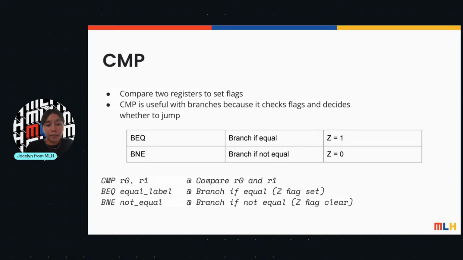And if it is not equal, so BNE, then I'm going to be moving to my label that's called not equal. And remember when I was talking to you about the special register called CPSR? CPSR is the one that takes care of all the flags. And in this case, we are using flags. If it's equal, the flag is set to 1, and if it's not equal, it will be set to 0.